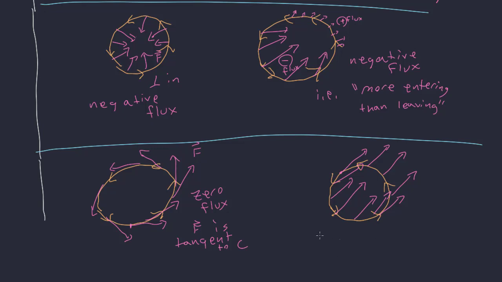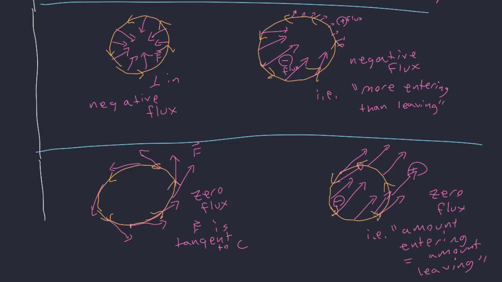Okay? It's the same going in as coming out, right? So here's our negative, here's our positive, but the amount entering equals the amount leaving. So that's another possibility that could give us zero flux.